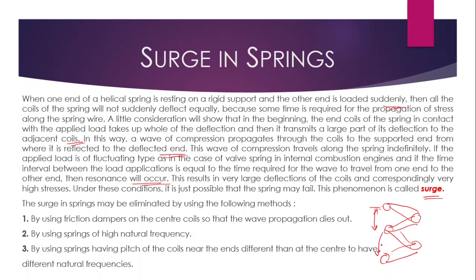But we can eliminate the phenomenon of surge by using a spring having the pitch of the coils near the ends different from that at the center, to have different natural frequencies. Okay, these are the three different ways to eliminate the phenomenon called surge.